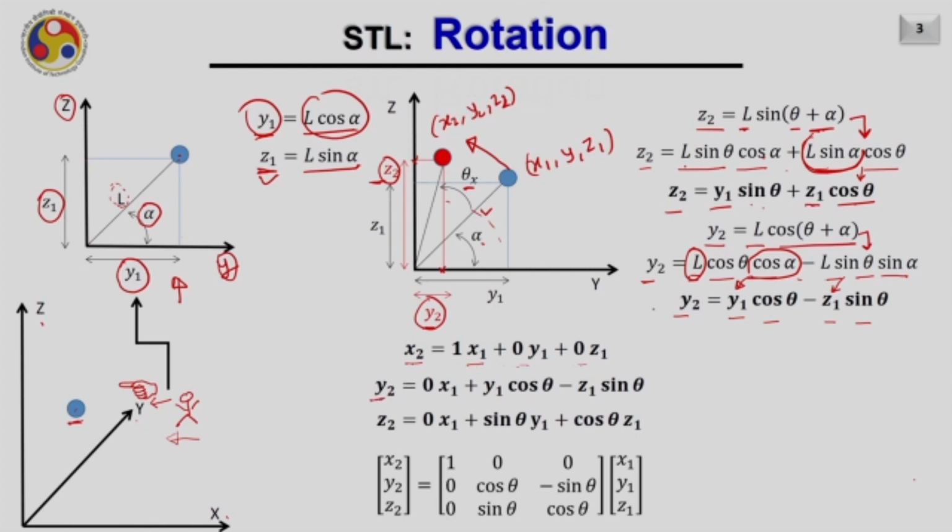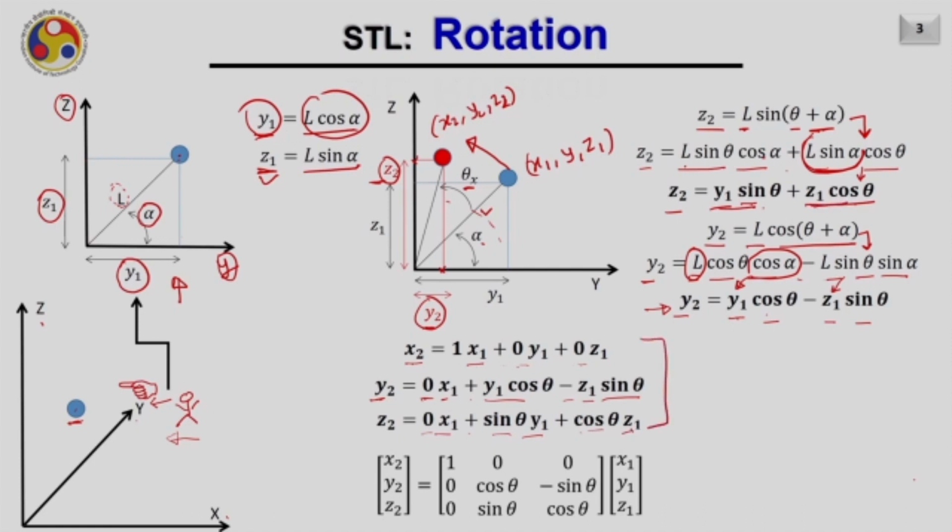Also, we have just derived that y2 equals 0 x1, there is no x1 component here, plus y1 cos theta minus z1 sin theta. Also z2 equals 0 x1 plus sin theta y1 plus cos theta z1.